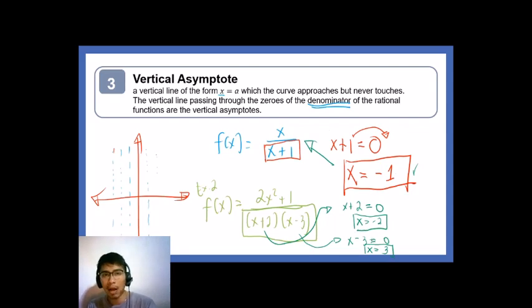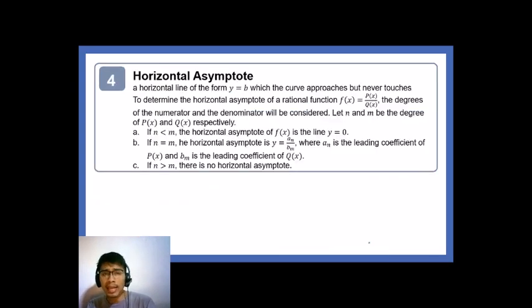Okay, so that's how we identify vertical asymptote. That is the first asymptote that you need to consider. Second here is, after you identify the vertical asymptote, this time you have to identify the horizontal asymptote, ladies and gentlemen.